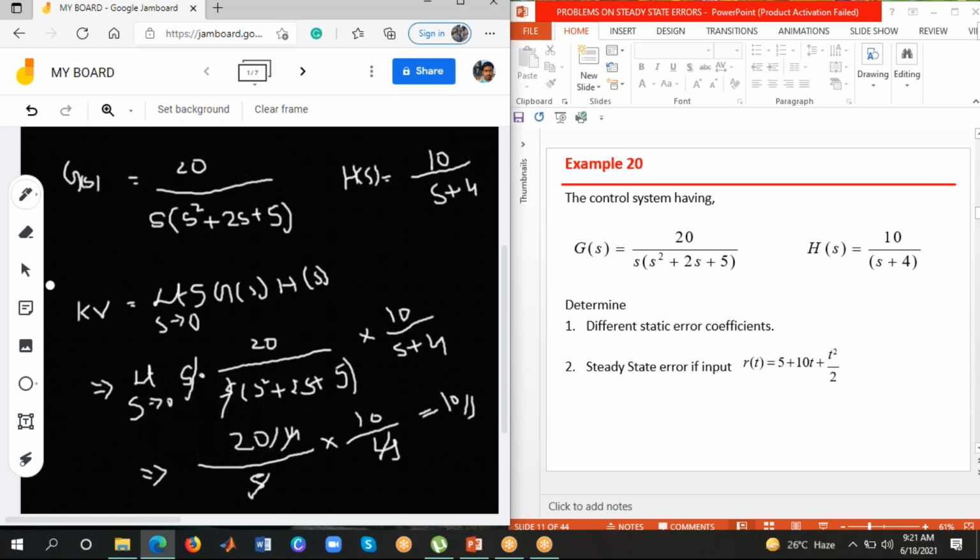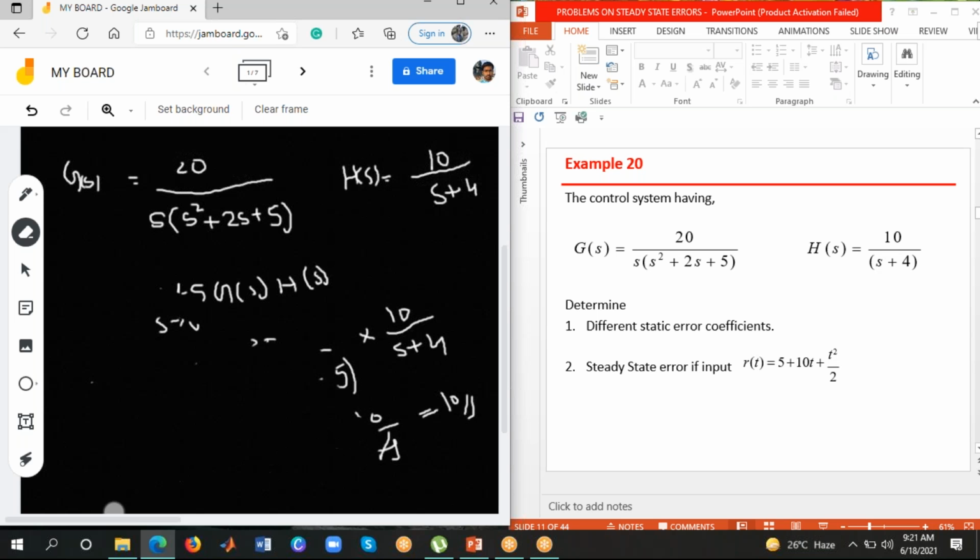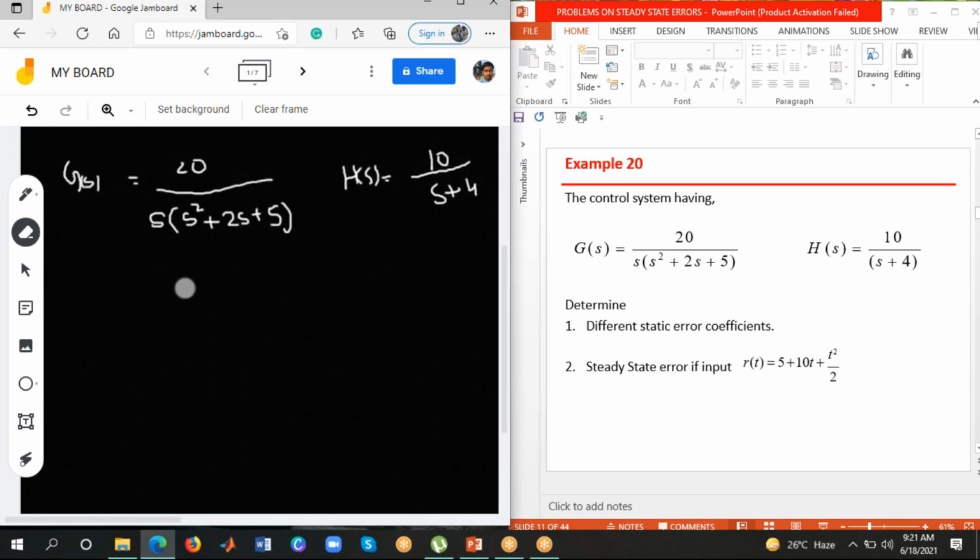Right. We'll see the third one, Ka. So Ka is equal to limit s tends to 0, s square g of s h of s.